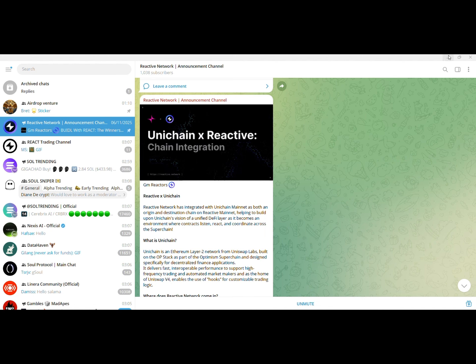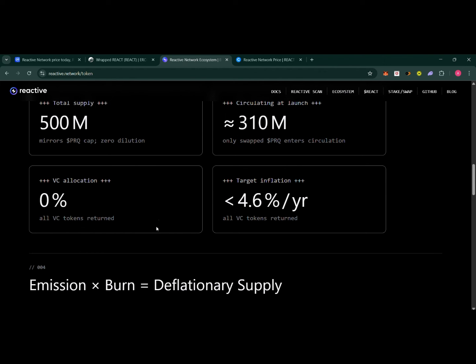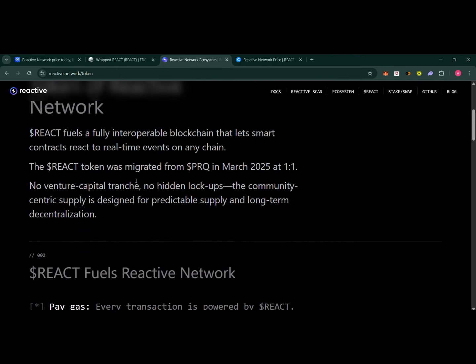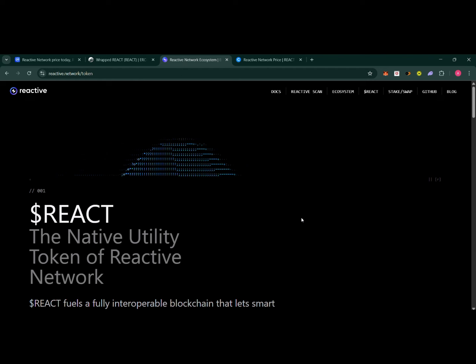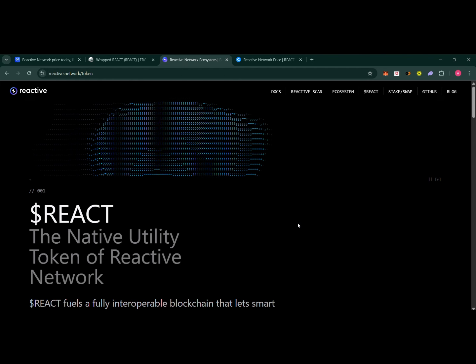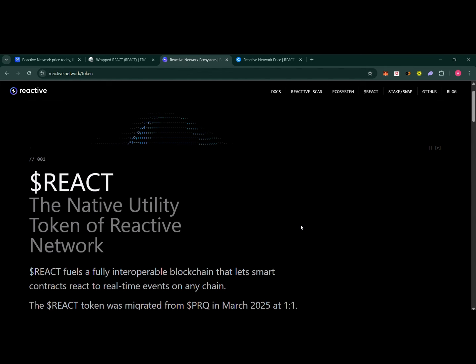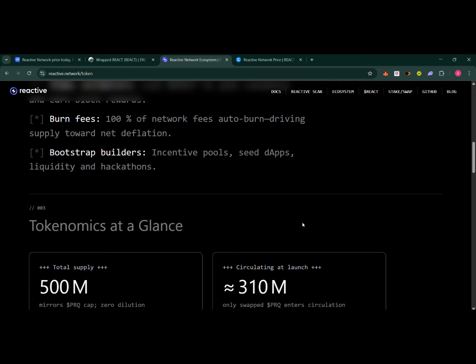And there are no VCs for Reactive Network. There is 0% VC allocation. That's quite good, because if there is a lot of VC capital, the coin gets diluted. When VCs leave a project, it is very difficult for the project to gain that kind of liquidity back.